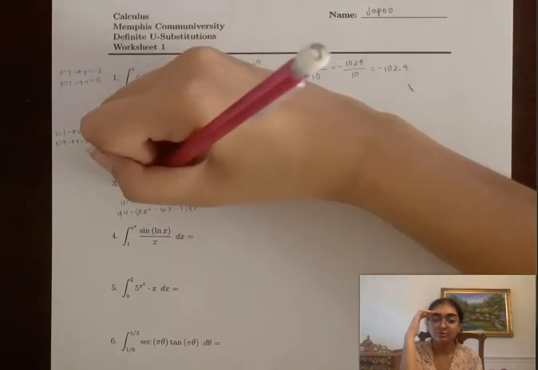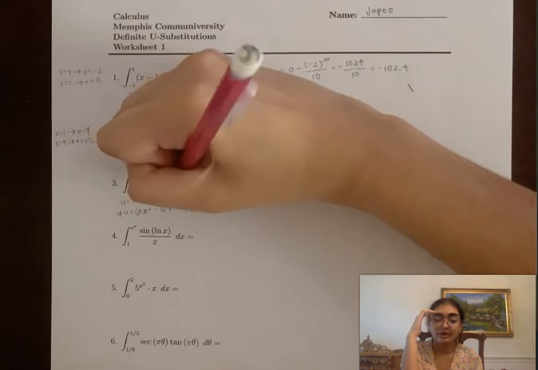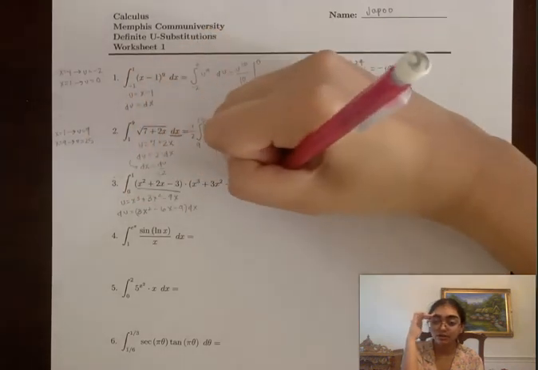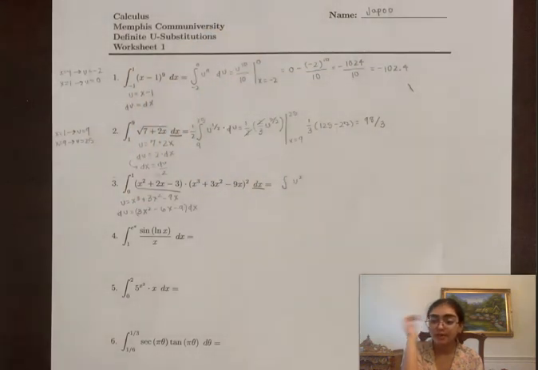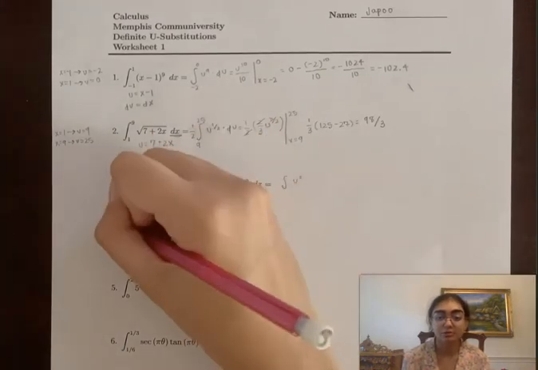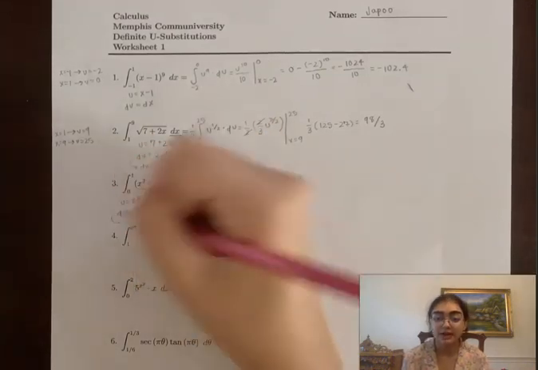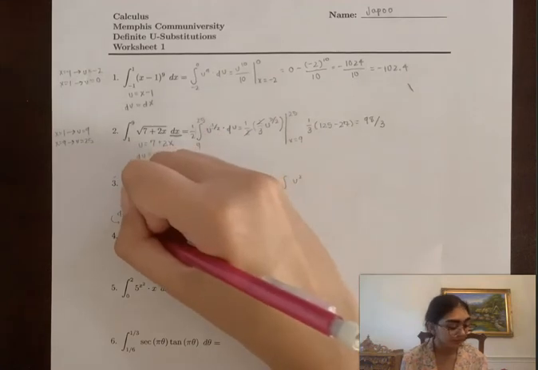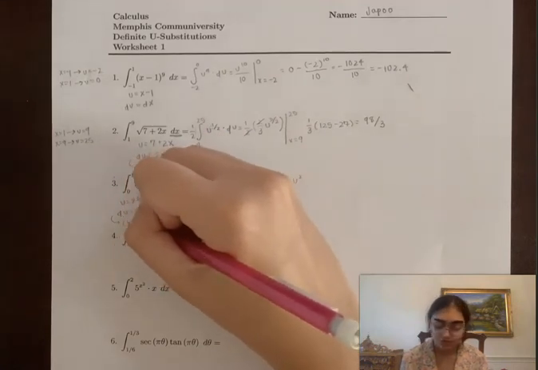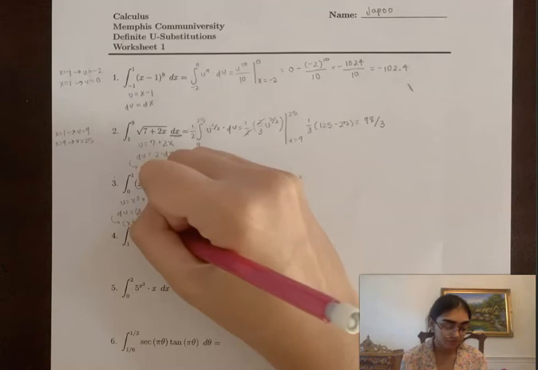We're just going to have a u squared, right? And then the parts that I'm underlining are the parts that we want to make equal to du. So we're going to kind of manipulate this du equation so that we get x squared plus 2x minus 3 times dx. And the way to do that is just divide that expression by 3.